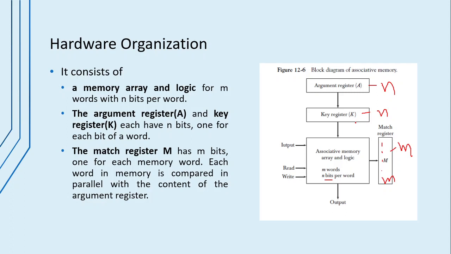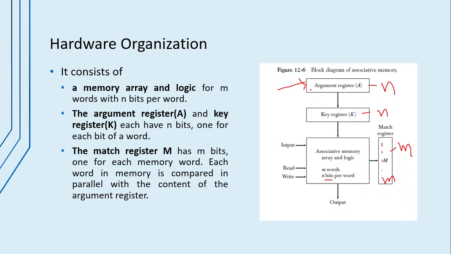When a word is written in associative memory, no address, name or relative position is given. Each word in memory is compared in parallel with the content of the argument register. Whatever data you want to search will be provided in the argument register. The word that matches the bits of the argument register sets the corresponding bit in the match register.